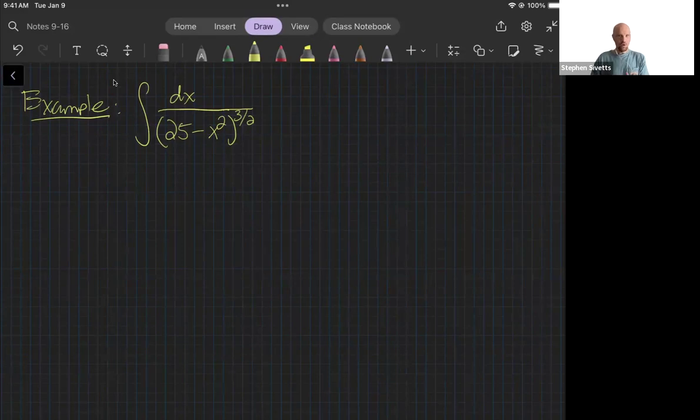Okay, so hopefully you solved this integral. So once again, we don't use u sub. There's not a lot of information in this integral that would indicate we need to use u sub.